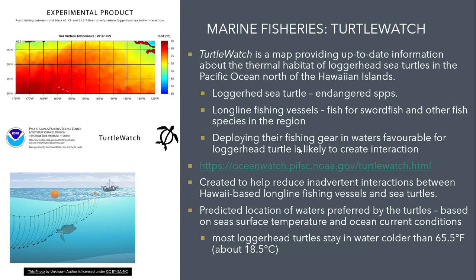So by mapping out these particular temperatures, for example, most loggerhead turtles stay in water colder than 18.5 degrees centigrade. So we need to map out places with lower than this temperature. Once we have this temperature and below, we know that there is high probability that loggerhead sea turtles will be present.